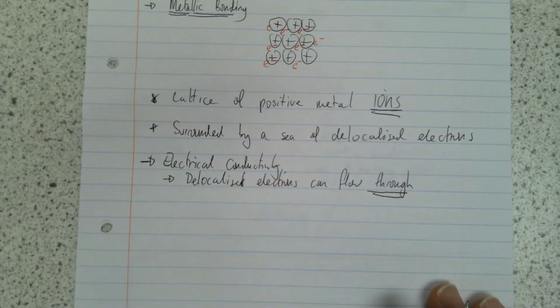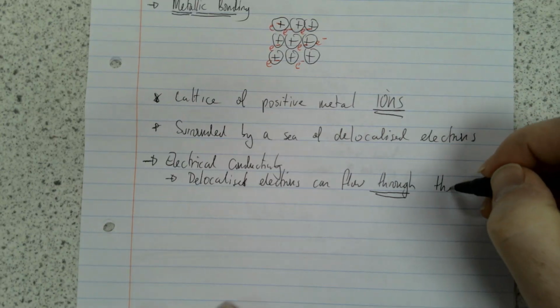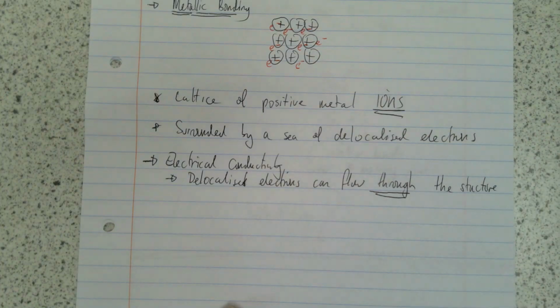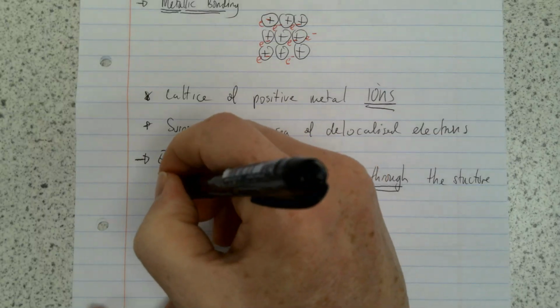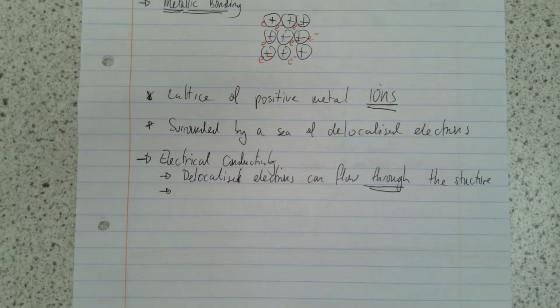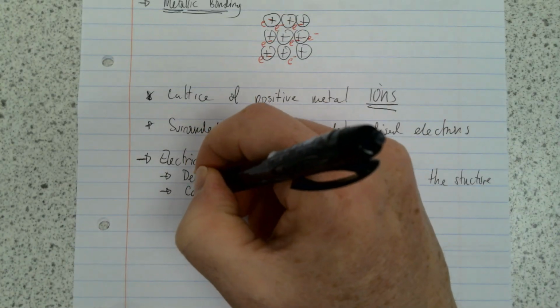If we've got a potential difference in the metal, they flow through the structure. So the negative electrons will travel towards the positive terminal, the power supply unit. So electrons can flow through the structure, through the metal, and carry the current, carry the charge.